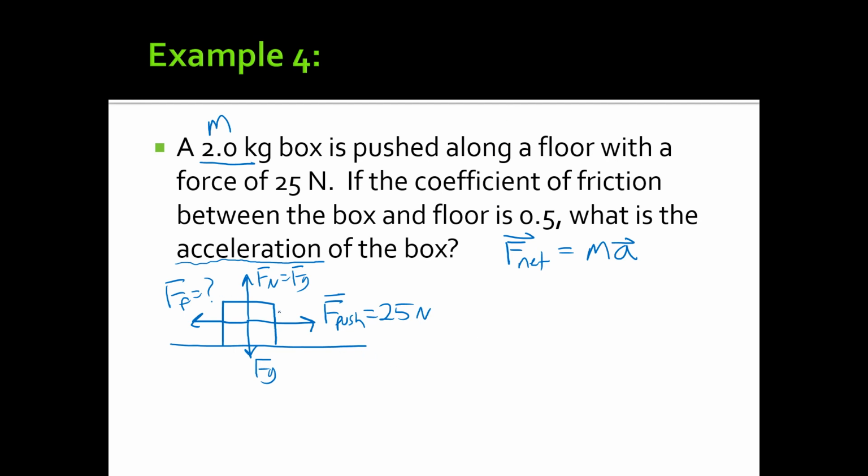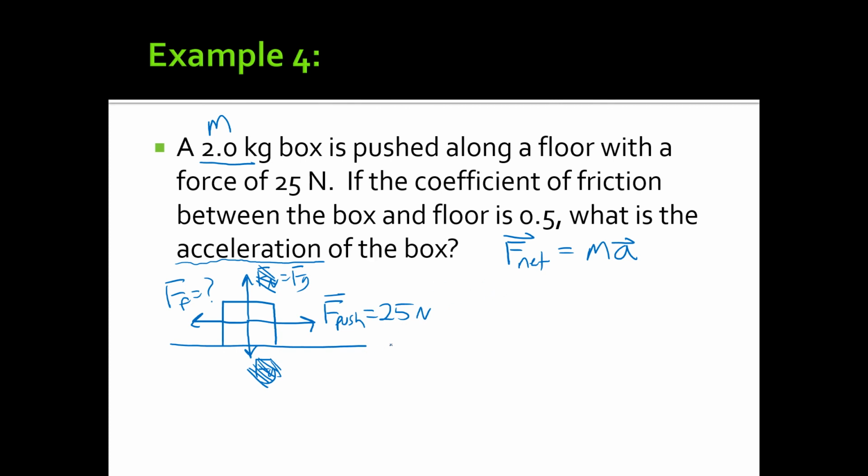Sure. I've got a bunch of forces acting in similar directions. My normal force is going to cancel out the force of gravity, so there are no unbalancing forces in that direction. But my force of friction and my pushing force won't fully cancel each other out.